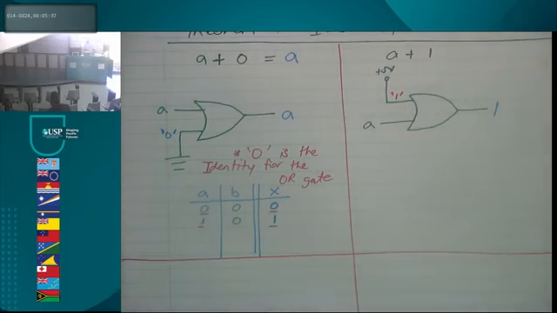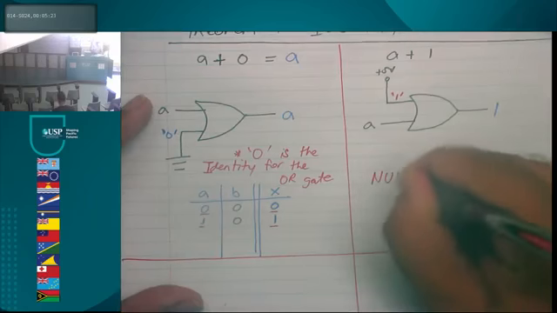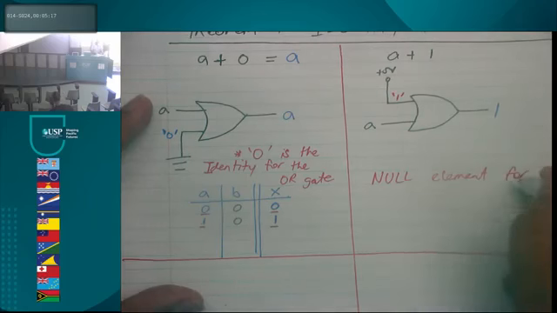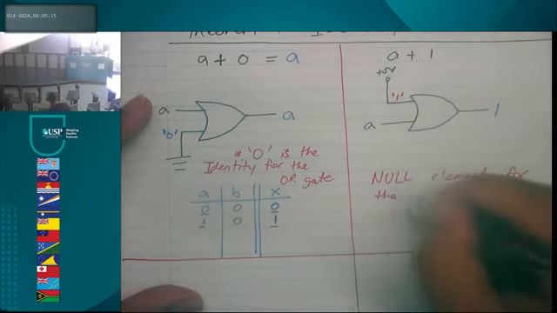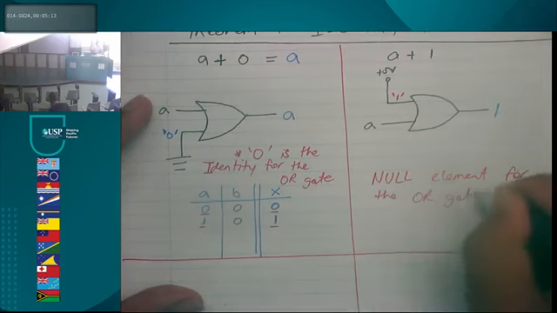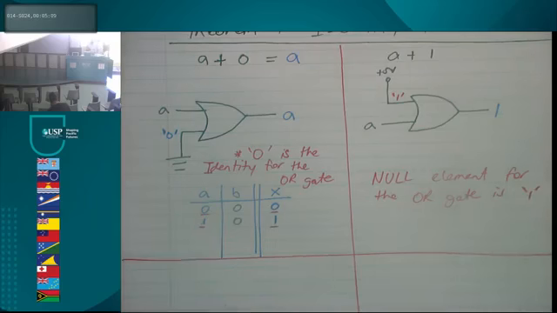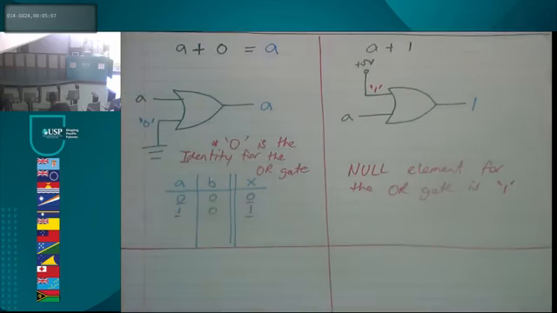Right? Can you see the identity? The output is fixed now. Whatever we put into A, the output is now fixed. So when it comes to an OR gate, your 1, okay, so the null element for the OR gate is 1. The null element for the OR gate is 1.